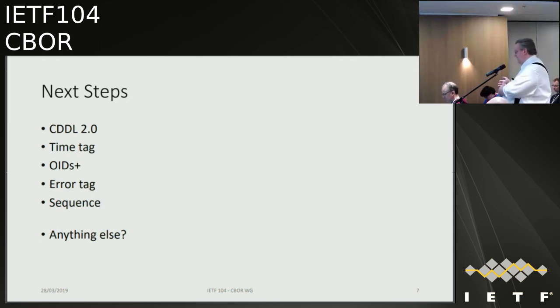And then we have a third area of tags, which really are registration requests from outside, like the error tag or the geographic coordinate thing, which are mainly the domain of the designated experts to talk with the applicants.